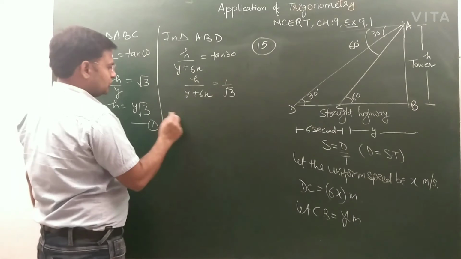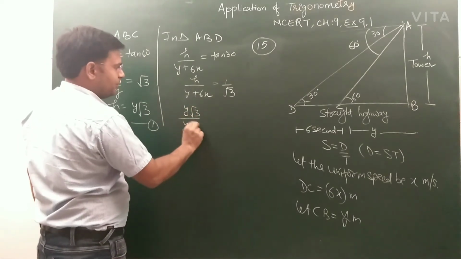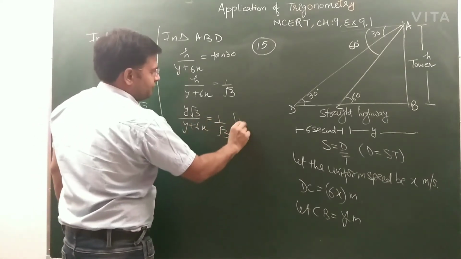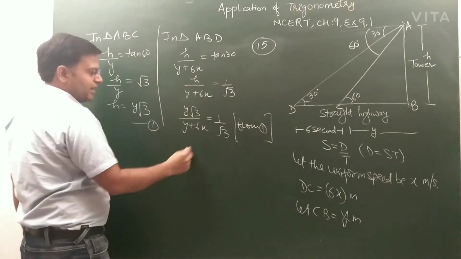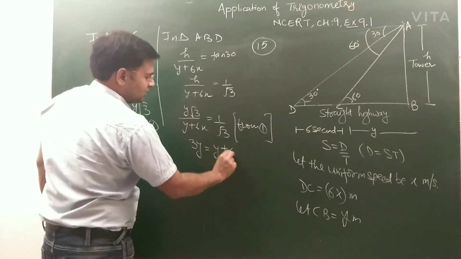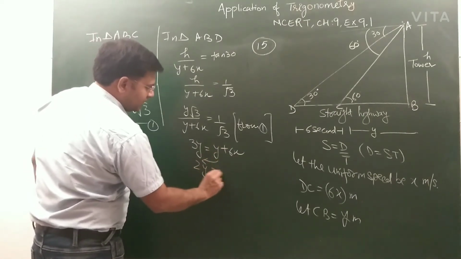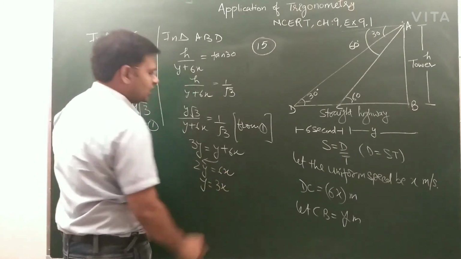Substituting h as y root 3 from equation 1, and cross multiplying, we get 3y equals y plus 6x. So 2y is 6x, so y is going to be 3x.